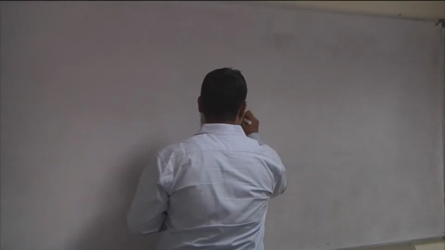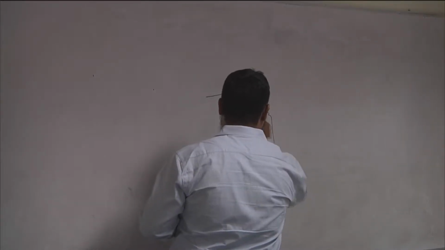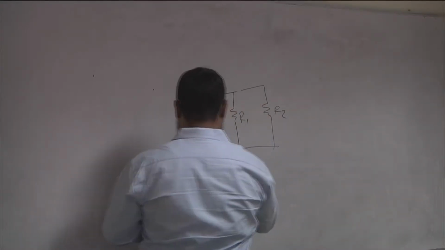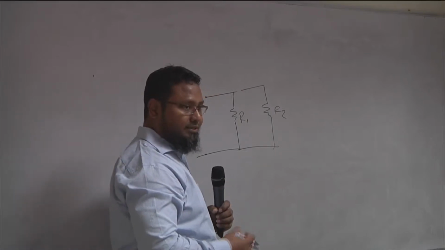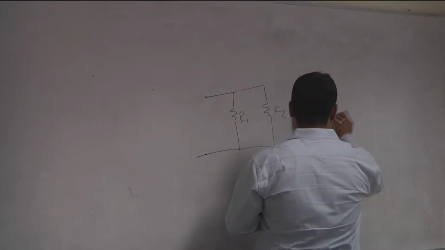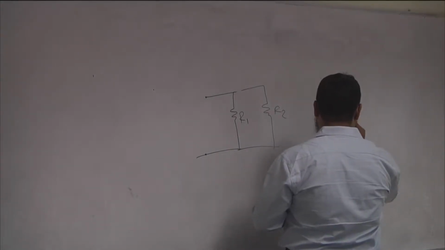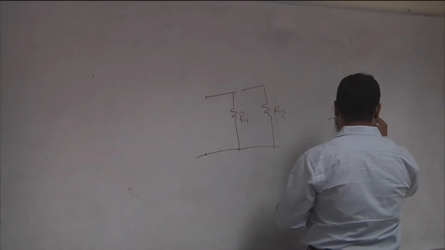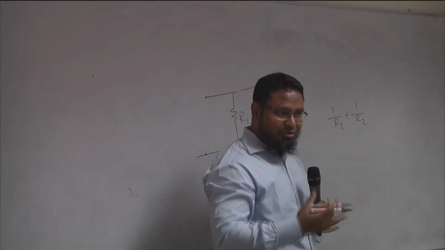So you have, let's say, two resistances in parallel, R1 and R2. We want to find out the equivalent resistance of these two resistances which are connected in parallel. How do you find out? As I said, you add up the, what are these? These are conductances. 1 over R are the conductances.